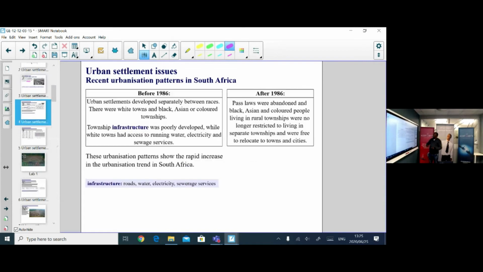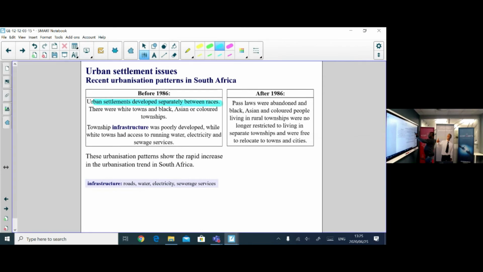Right, let's look at the recent urbanization patterns in South Africa: urban settlement before 1986 and after 1986. Urban settlements before 1986 developed separately between races. That's very important.